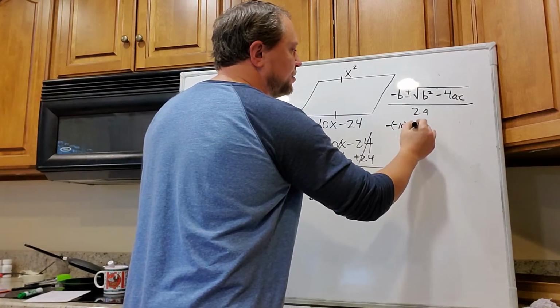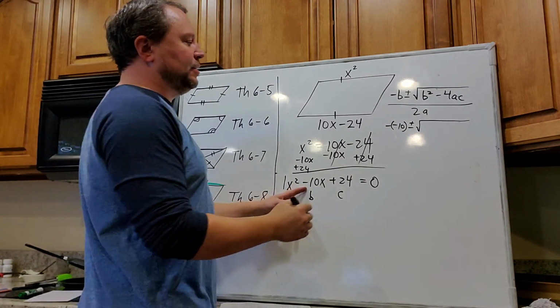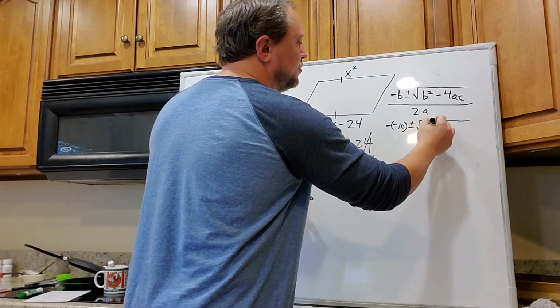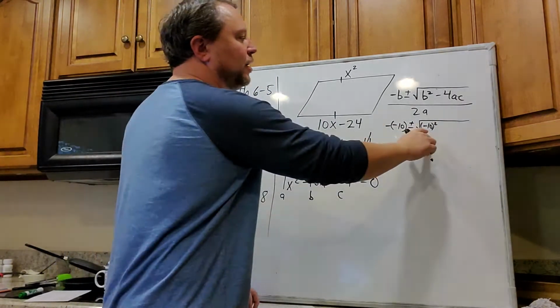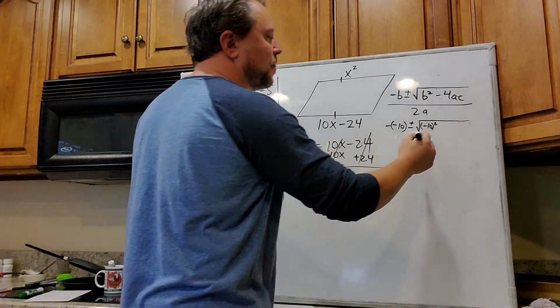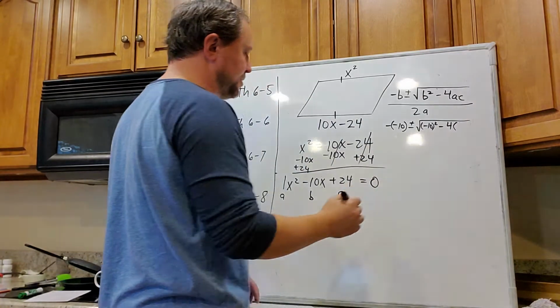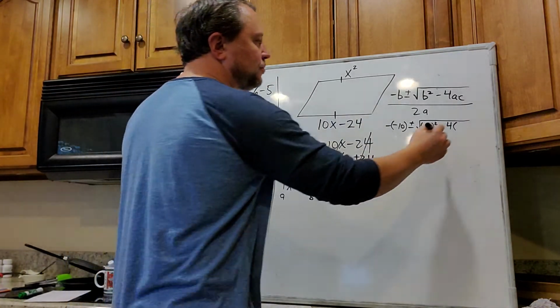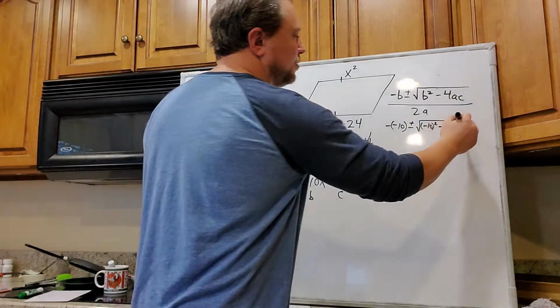Plus or minus the square root of b squared, so negative 10 squared. And you should put that in parentheses. Otherwise, your calculator will only square the 10 and not the negative. Minus 4 times a, which is 1, times c, which is 24.